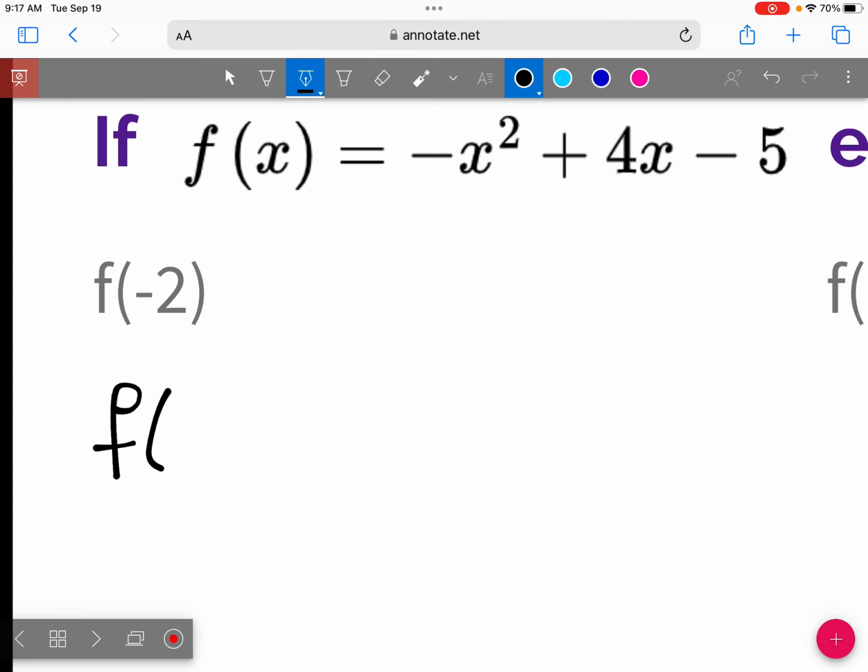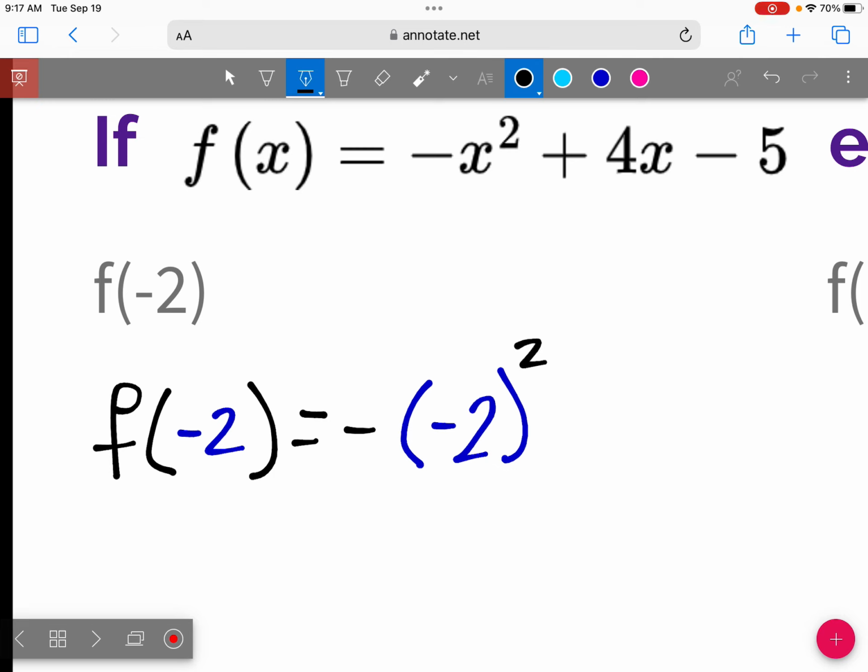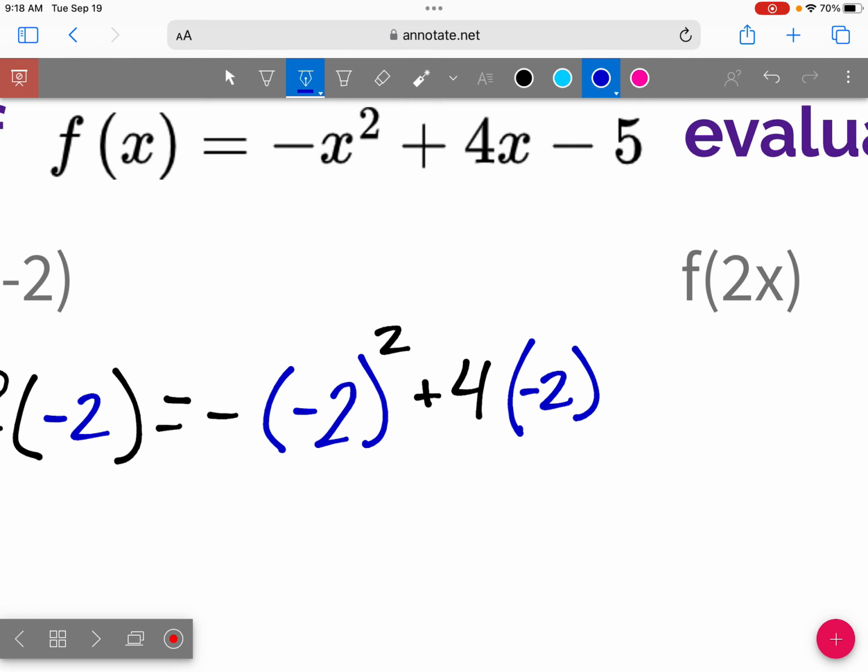So f of negative 2 equals the opposite of, and whenever I substitute in, especially when there's exponents, put parentheses, negative 2 squared, plus 4 times negative 2, minus 5.